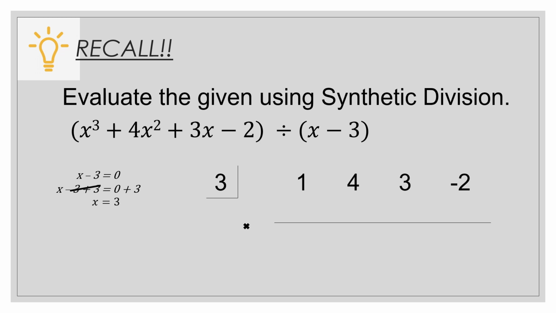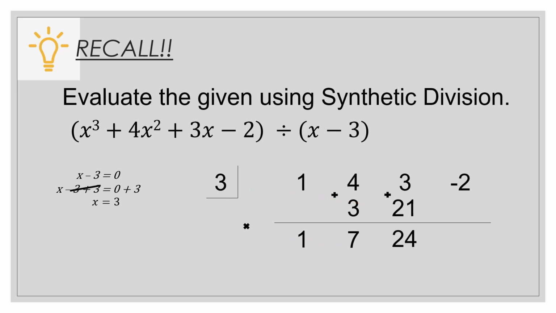Second, carry down the first number, multiply by the test zero, and add to the second column. Now, add down the column, multiply the sum in the second column by the test zero, write the product on the third column, then add.